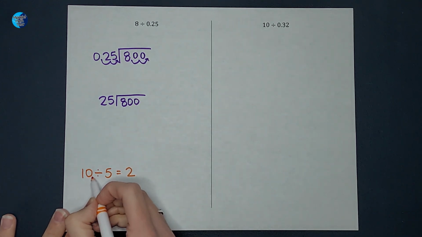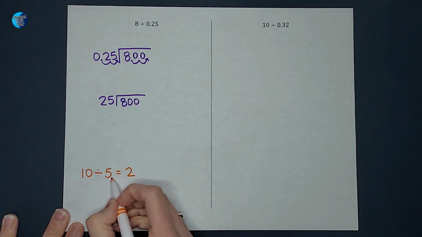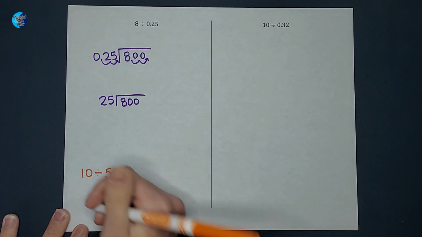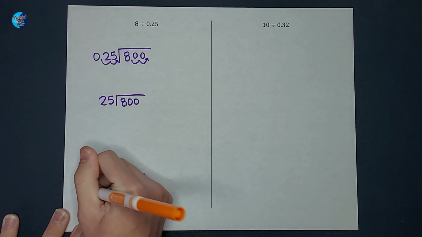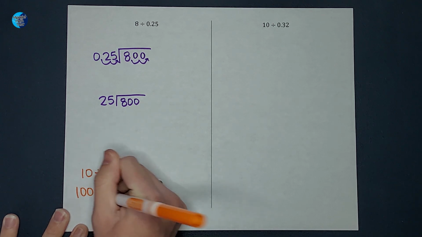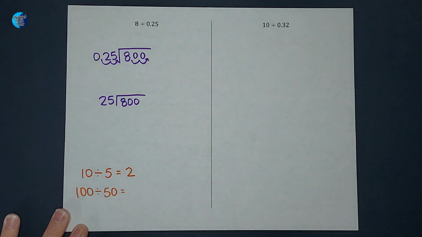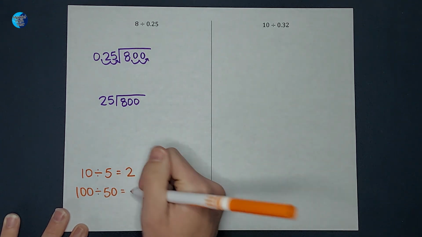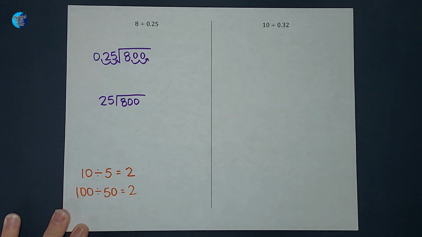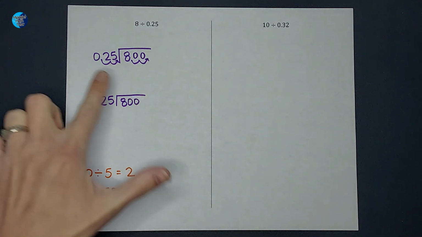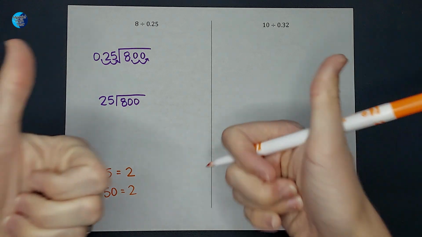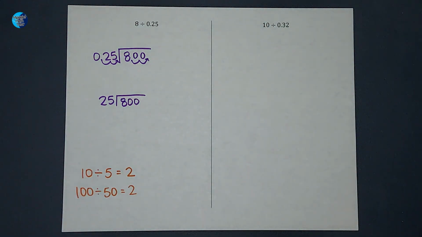Now, if I were to move this decimal that's kind of hiding here over once, and also move it in the other one over once, I would end up with 100 divided by 50. And what is 100 divided by 50? Guess what? It's 2. So, as long as I move it on both of them, I'm okay. My answer will be the same.